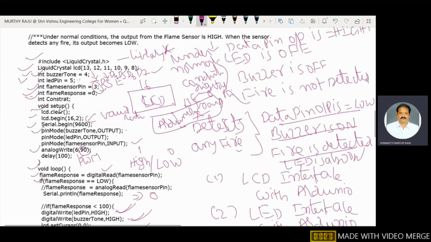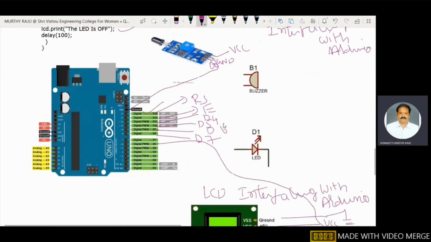Here in this code, integer flame response pin is 3. Flame response pin is 3 means the data pin is connected to the third digital pin of the Arduino.